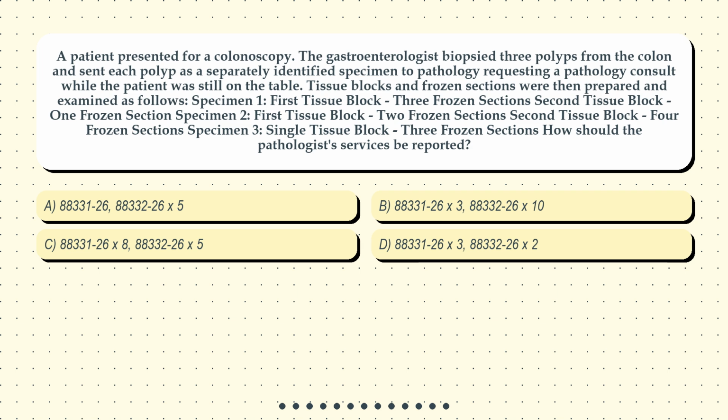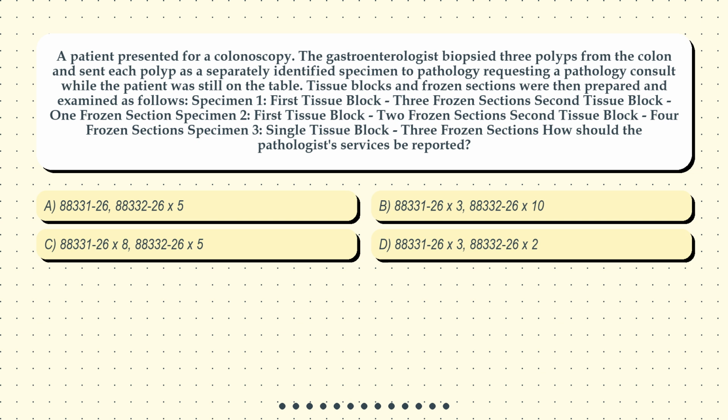Option A, 88331-26, 88332-26x5. Option B, 88331-26x3, 88332-26x10. Option C, 88331-26x8, 88332-26x5.